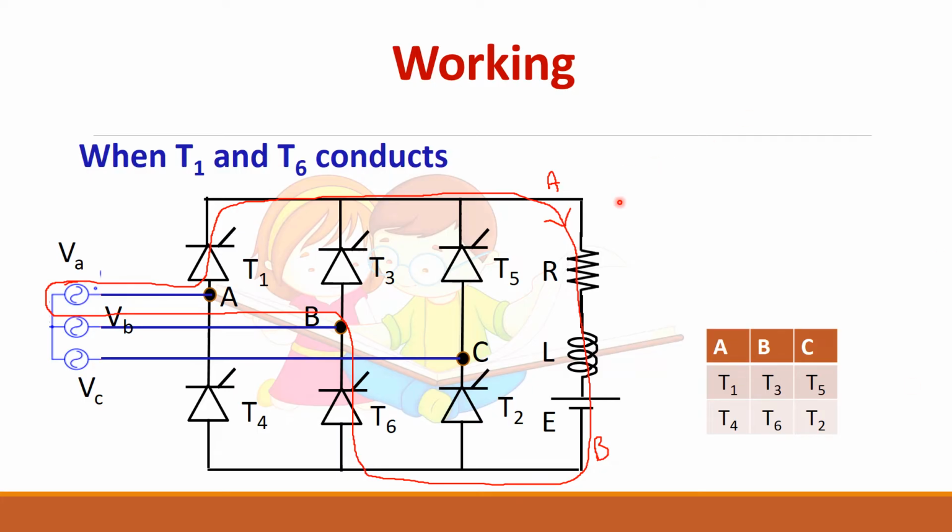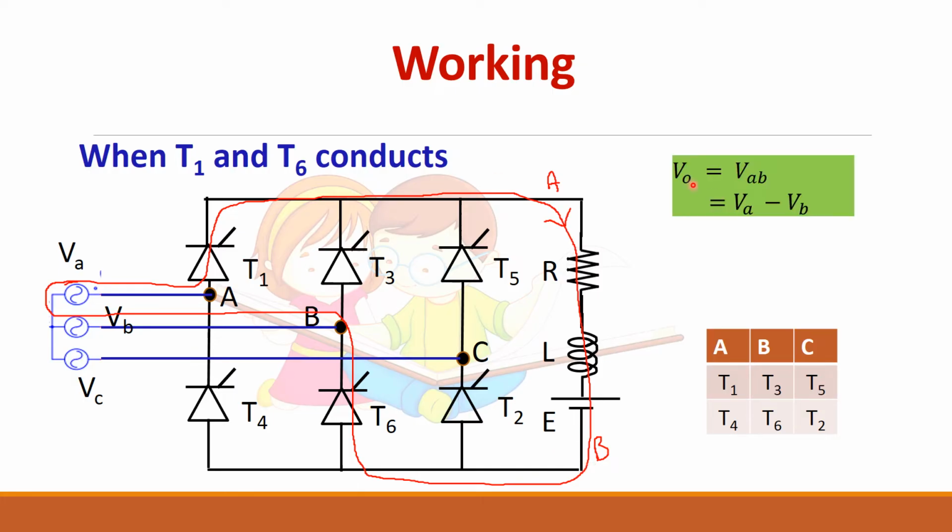Now what will be the output voltage? You see here this device T1 is conducting, so this A point is connected here, and this B is connected, since T6 is in conduction, it is a short, so it will be connected to B. So across the load, A and B points are connected.